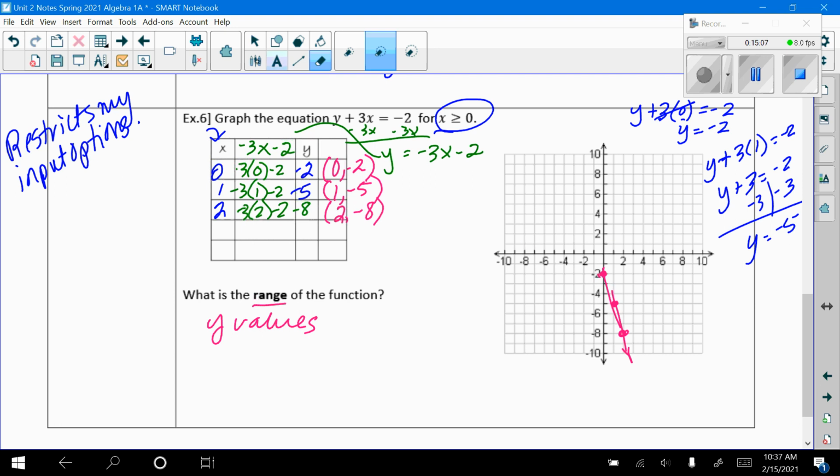They can only be from here and then going this way. So my range, top to bottom, is going to go there and below. So y is going to be less than or equal to, and my biggest number is negative 2. So y is smaller than or equal to negative 2.